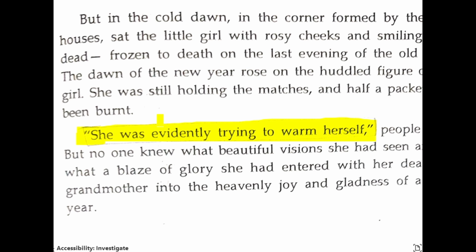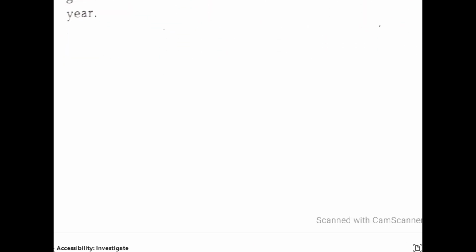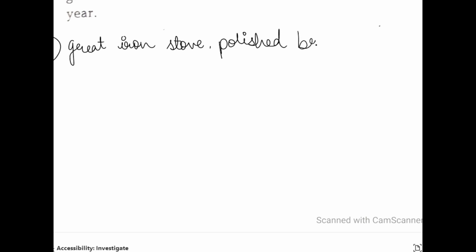So let us go to the four visions again because they are extremely important, like I told you. So we'll write them down. The first vision you have is the great iron stove with polished brass knobs and ornaments.